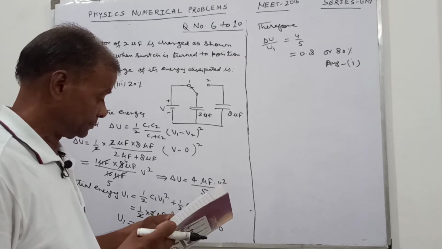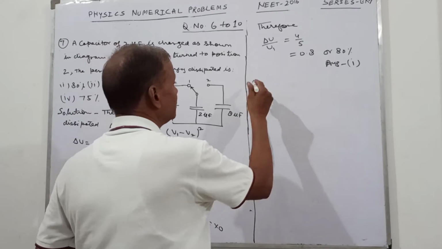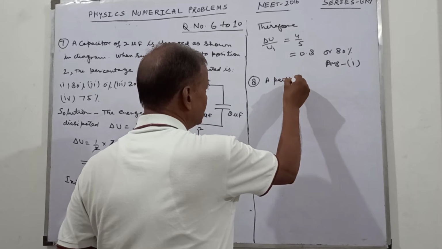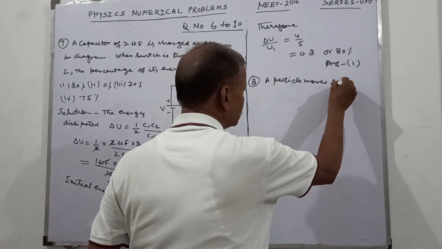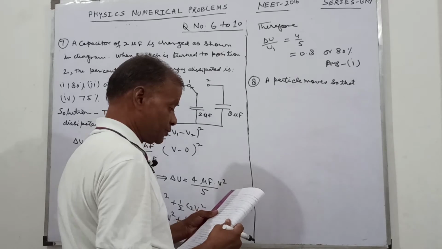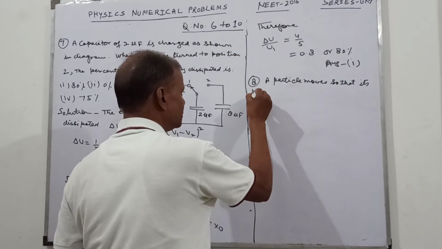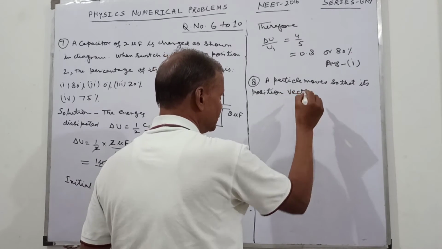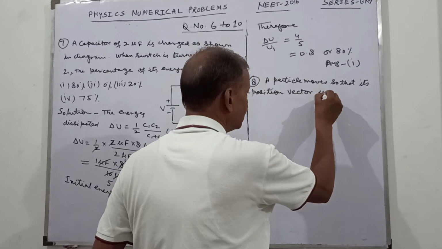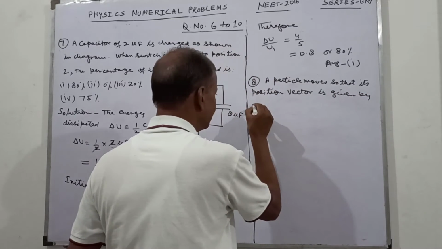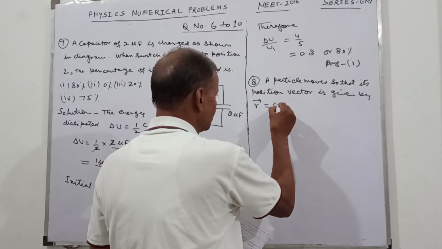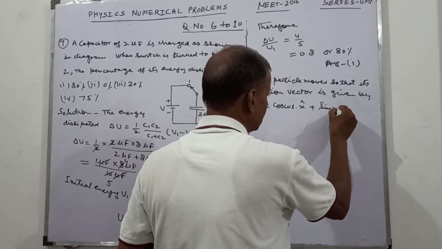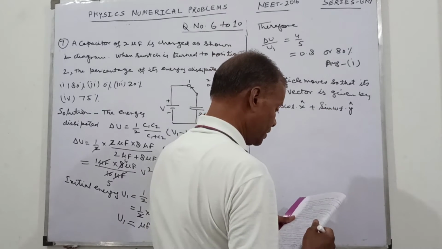Now question number 8. A particle moves so that its position vector is given by R equal to cos omega t into x cap plus sin omega t into y cap, where omega is a constant.